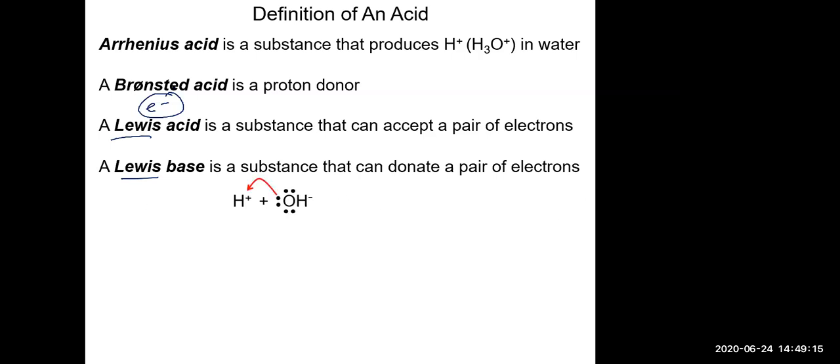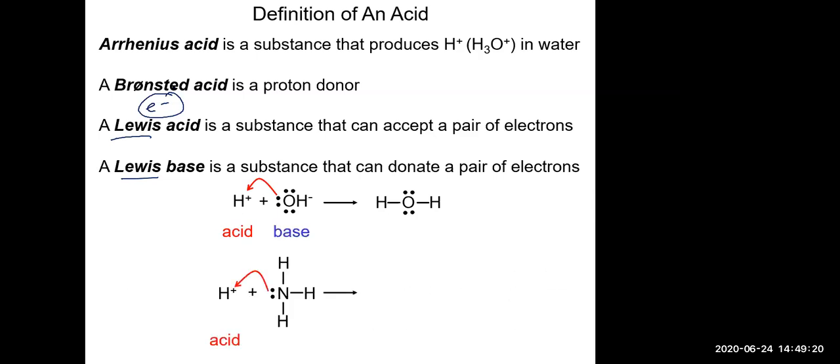So for example, what we see here in these few examples, we have OH minus, which is going to donate a pair of electrons over to the H plus, which is going to accept a pair of electrons, and that makes it the acid, and this makes it the base.